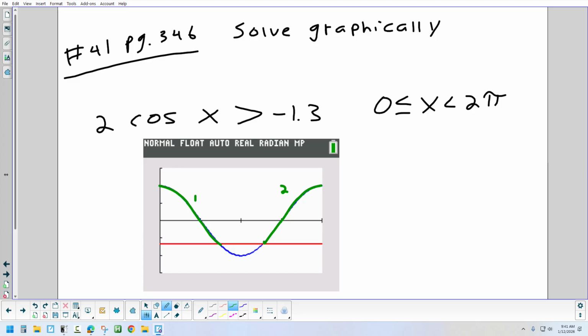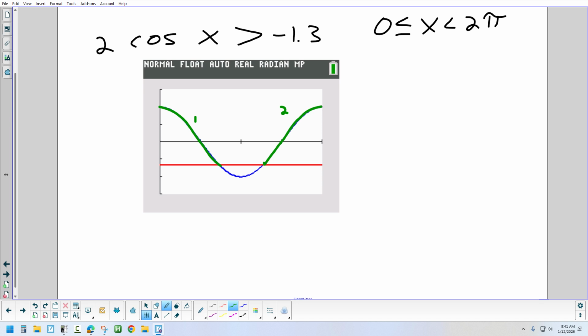Okay, let's start with region 1. Where does region 1 start? At 0. Can I include or don't include 0? Include. Why?